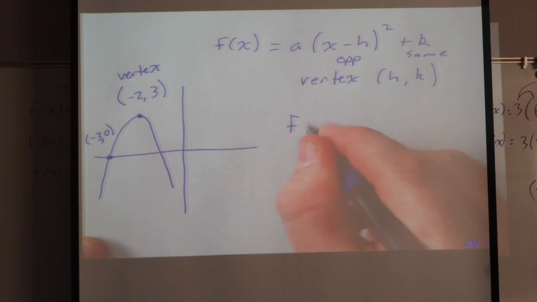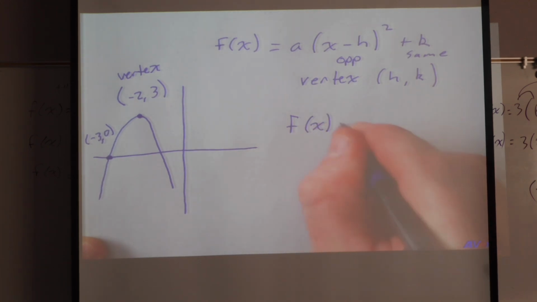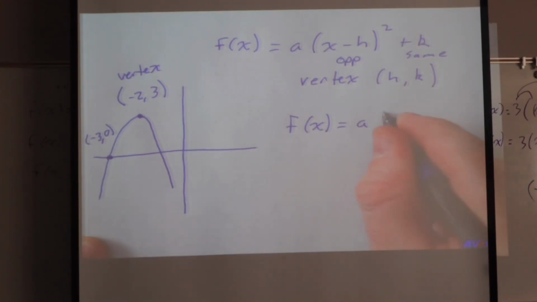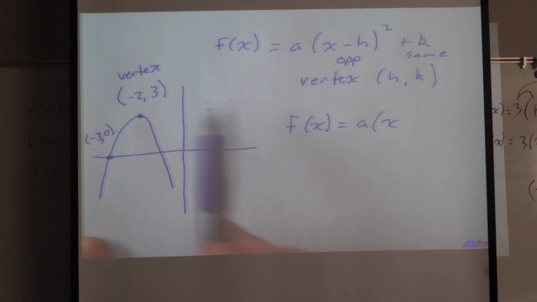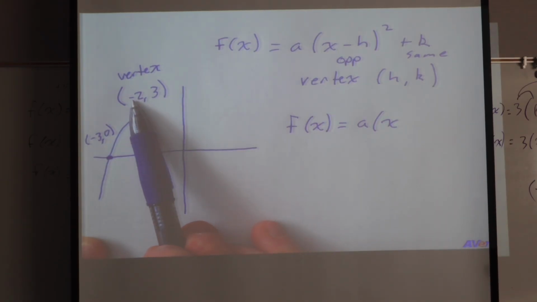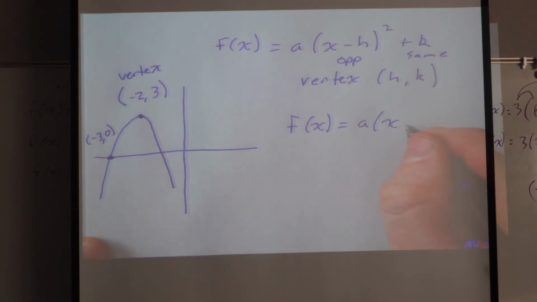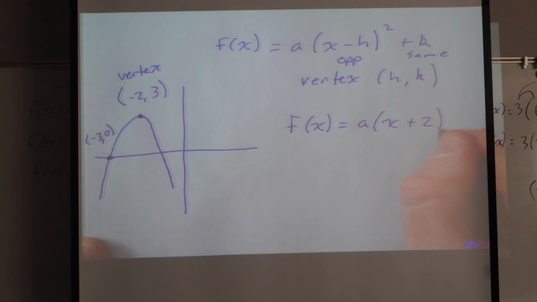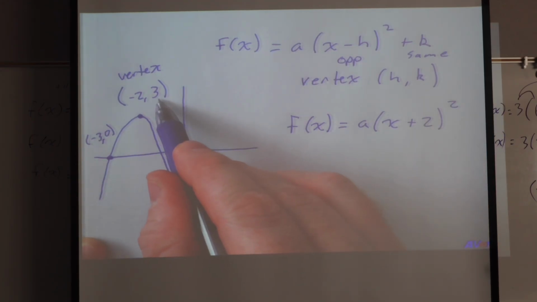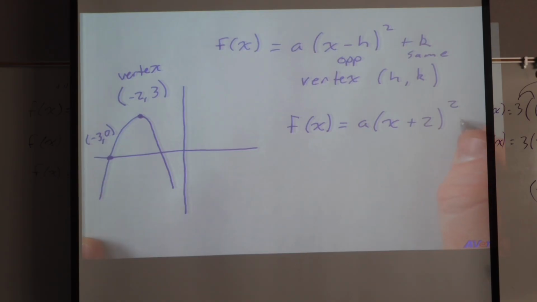So if we plug in our vertex, we'd have f of x equals a times (x plus 2) squared plus 3. Now it's going to be the opposite of the negative, so it's going to be plus 2, squared, and it's going to be the same as our y, so plus 3.